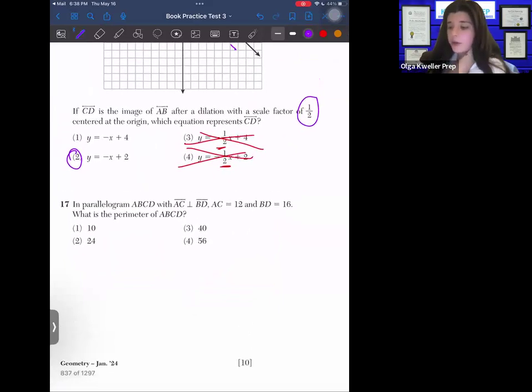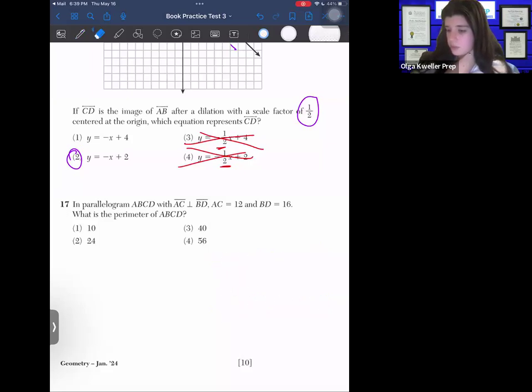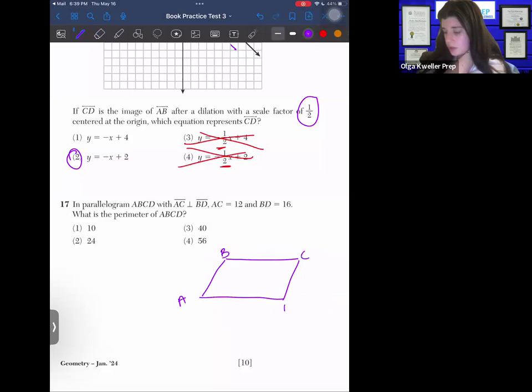We've got parallelogram ABCD with AC perpendicular to BD. It seems like their parallelogram is a rectangle, right? Based on what they're telling me. So we have A, B, C, D with AC perpendicular to BD.